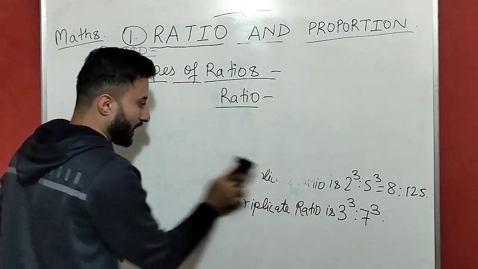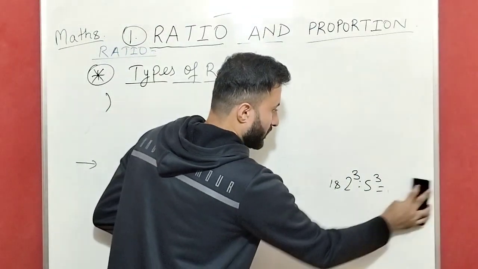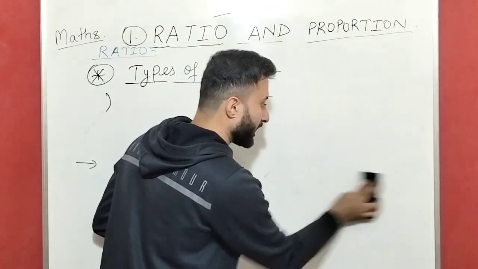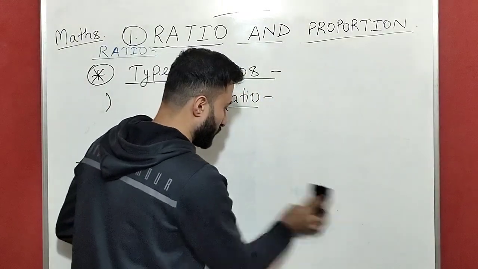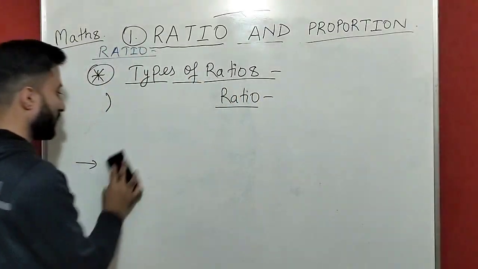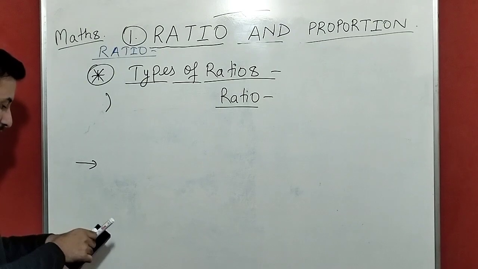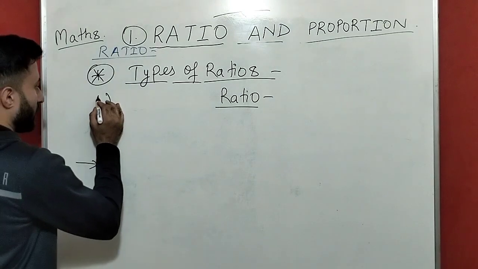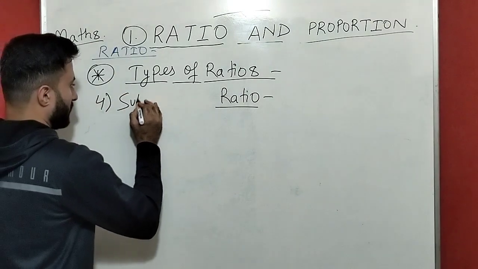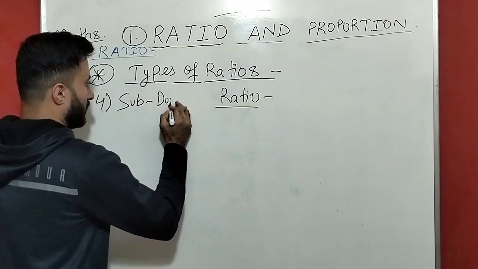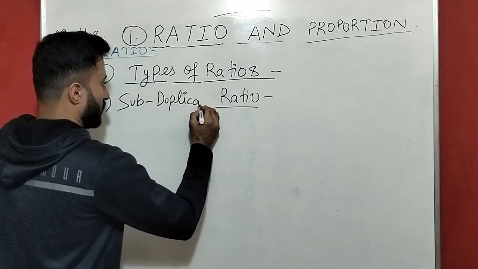Now the last two types of ratio. Duplicate ratio means whatever the given ratio, we will do the square of that ratio. So the opposite of duplicate ratio is sub duplicate ratio.